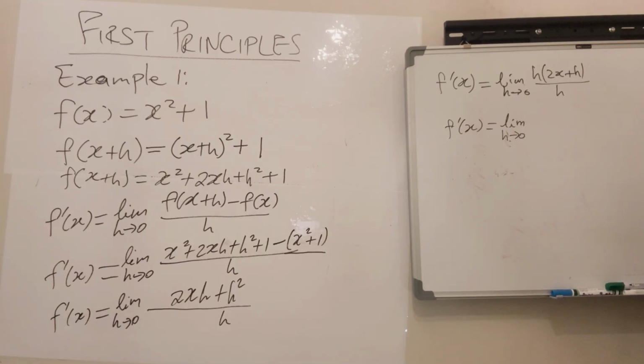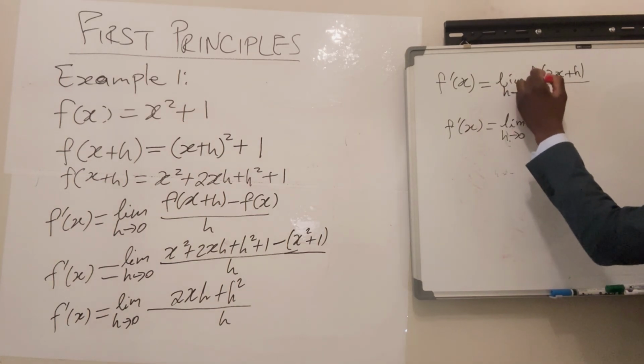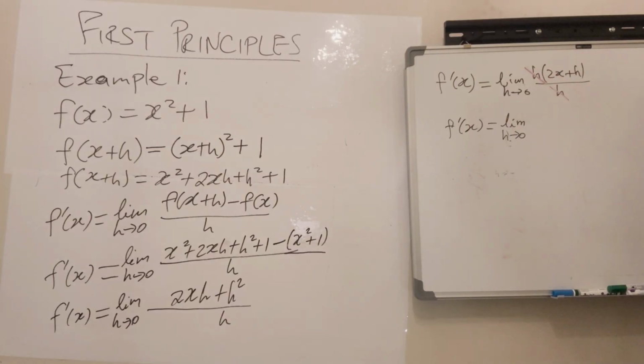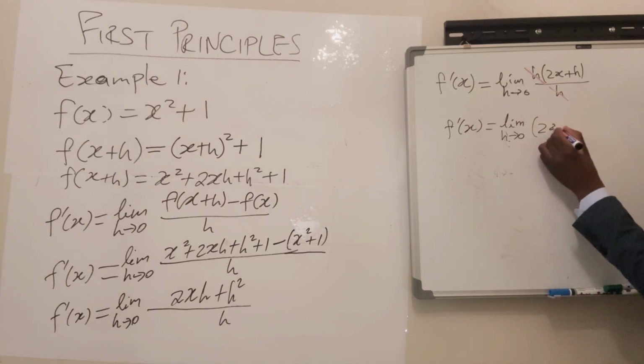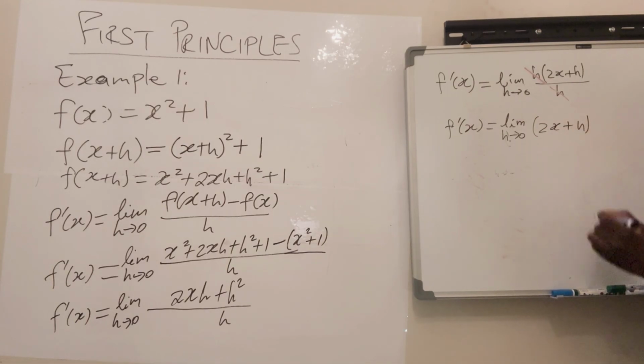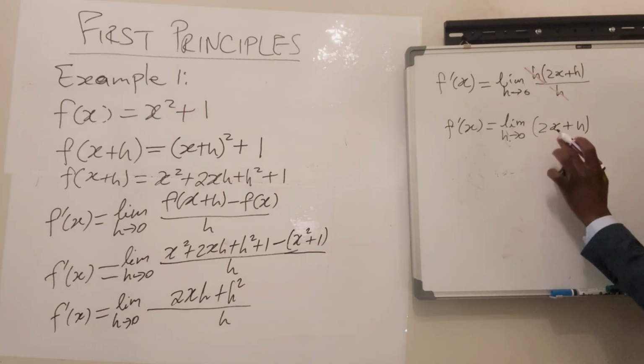Well, look at the behavior there. Can you see that the h in the numerator would cancel the h in the denominator? In that way, the h in the numerator gets rid of the h in the denominator. So you are actually having 2x plus h. What would you do? The limit as h approaches 0.